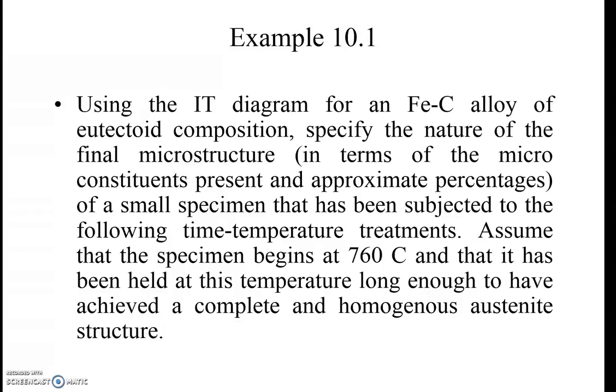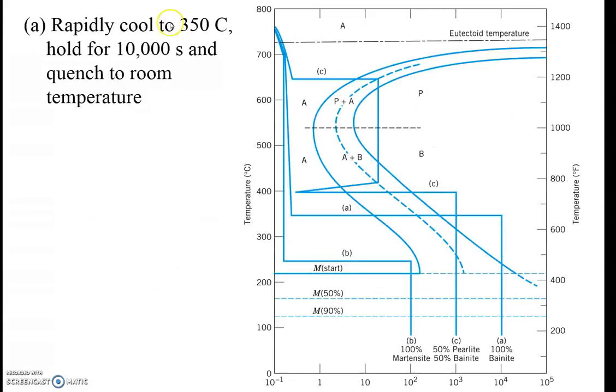We can use our IT diagram to determine what microstructure we will have with a particular time temperature treatment. Let's see, for example, what's happening here. If we were to rapidly cool to 350 degrees and hold for 10,000 seconds, and this is still that iron carbon alloy at eutectoid composition, I'm going to end up somewhere like here.